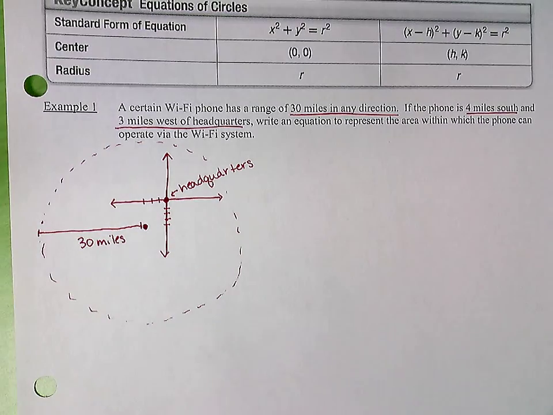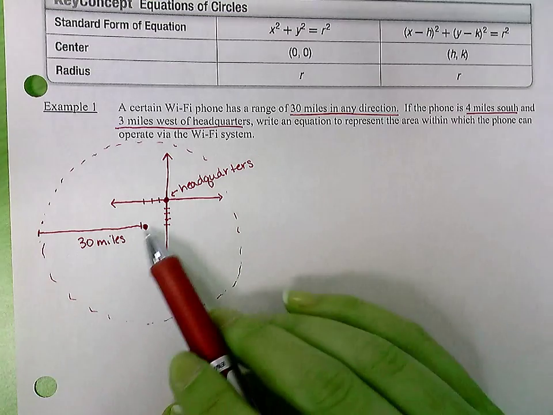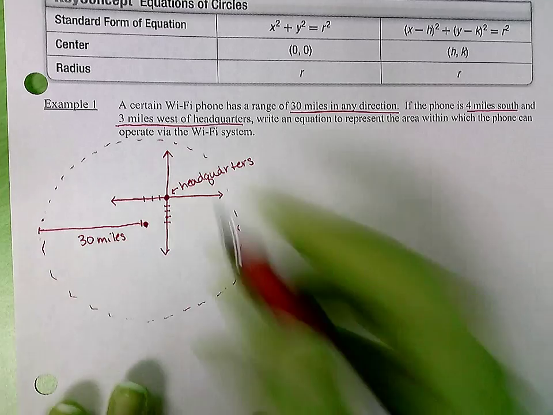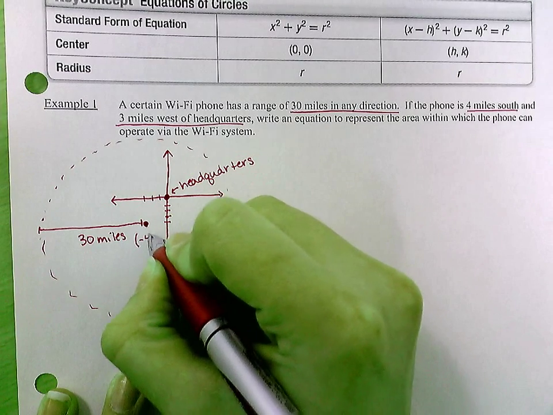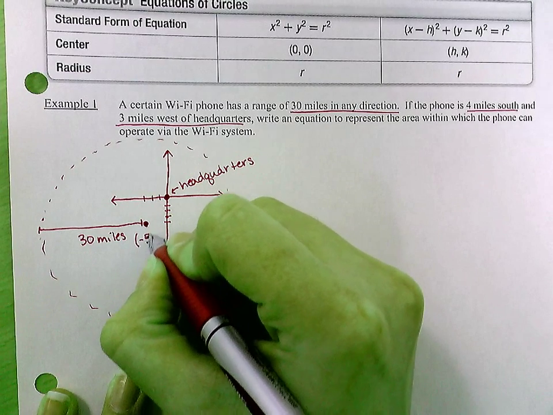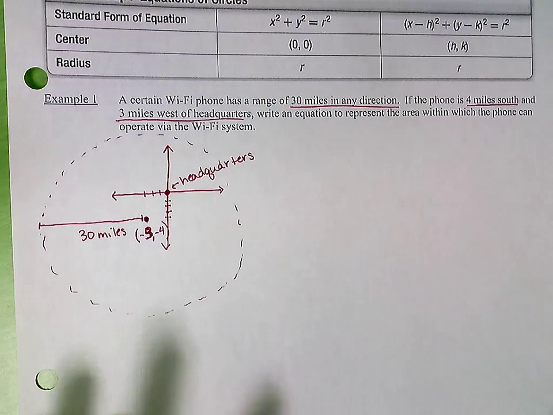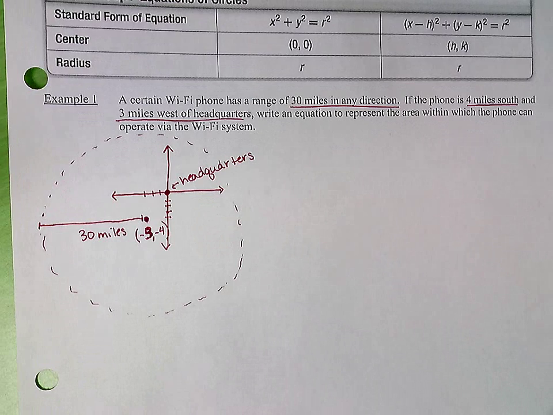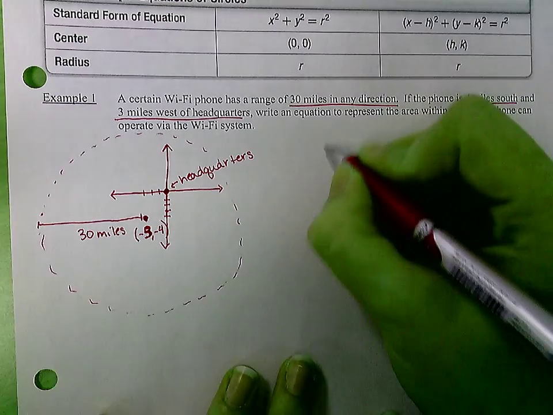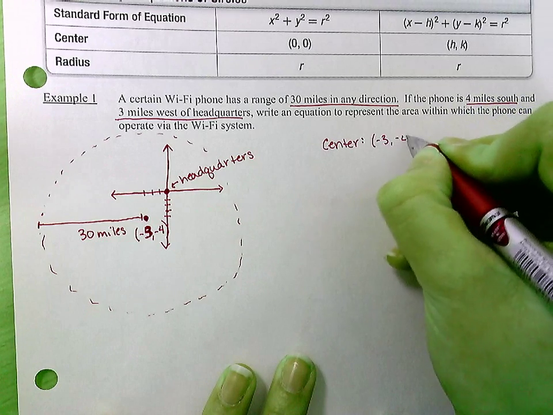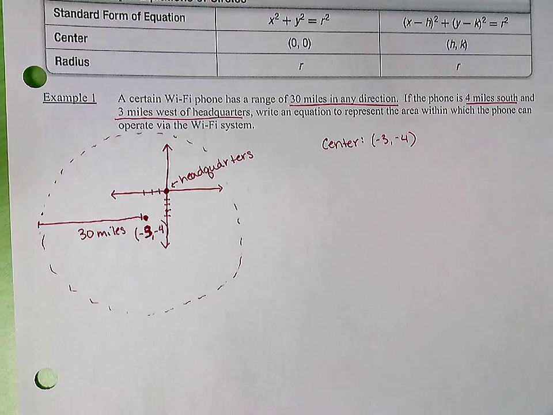Now I want to write out an equation of this circle. Here is my center point, at -3, -4.